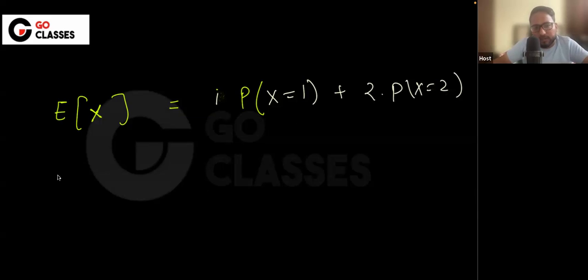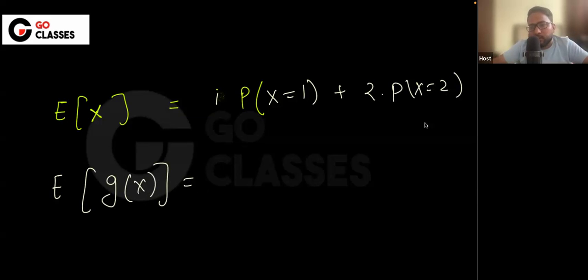Similarly, for any other function, expectation of any function g of x is nothing but, do you remember there is one law, and can anyone tell me what this law is called? The short way to find out the expectation of a function of a random variable. What is this law called? Okay, let me give you some hint. Law of unconscious something.